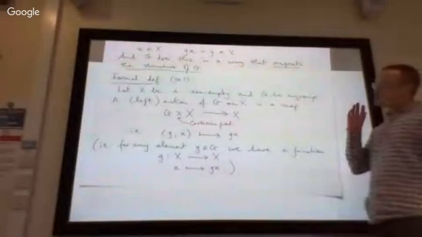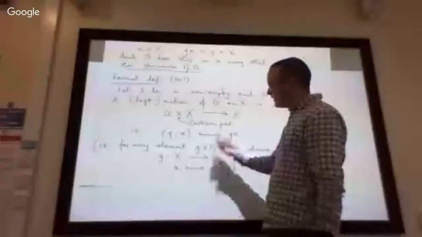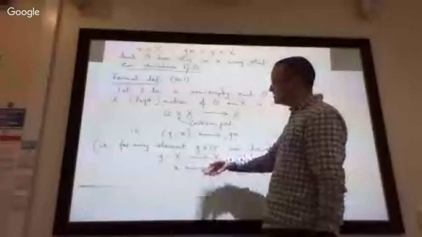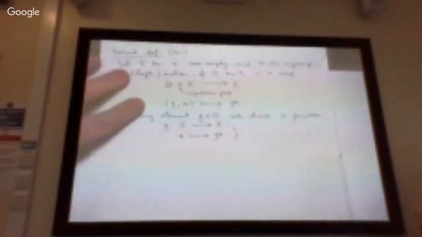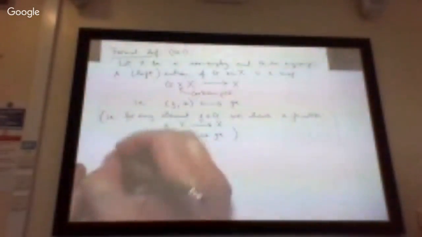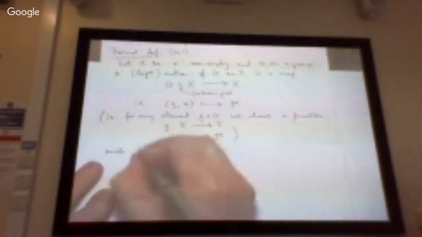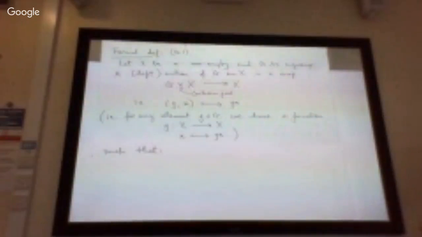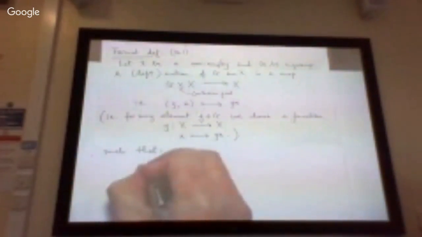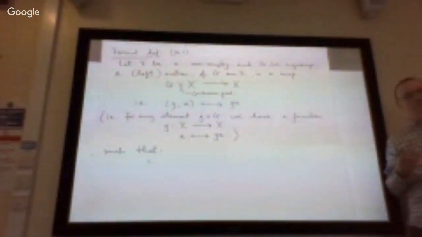Now, not just any old functions. The functions that come out of this have to respect the group structure of G. And this is embodied in two properties. So the action has to satisfy certain properties. The first property relates to the identity.